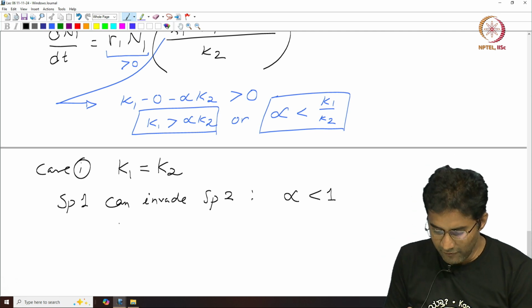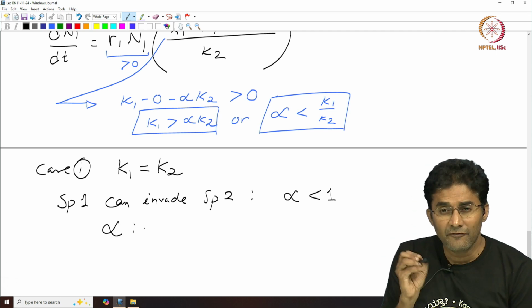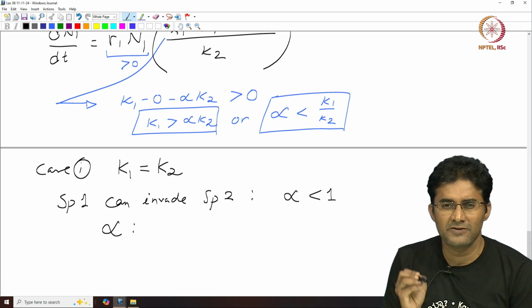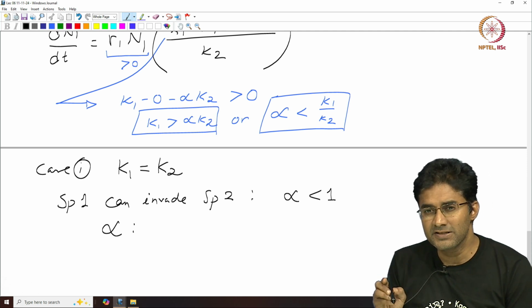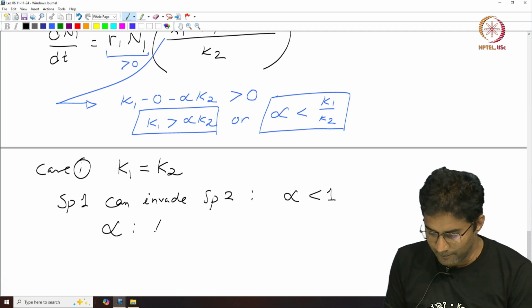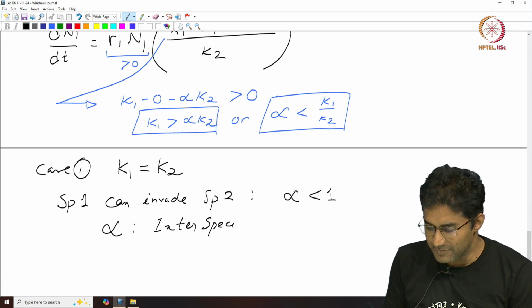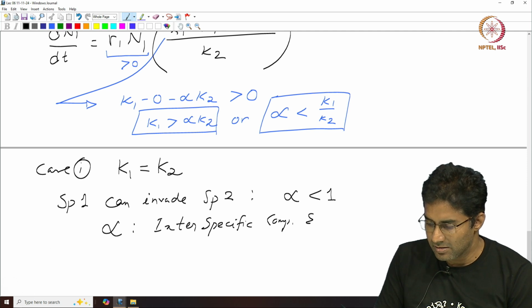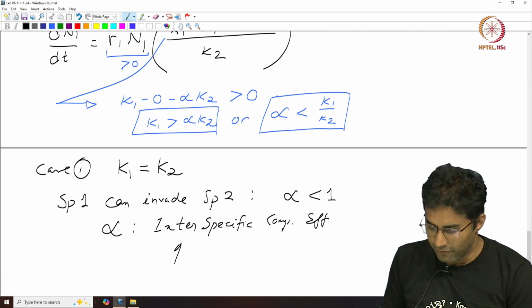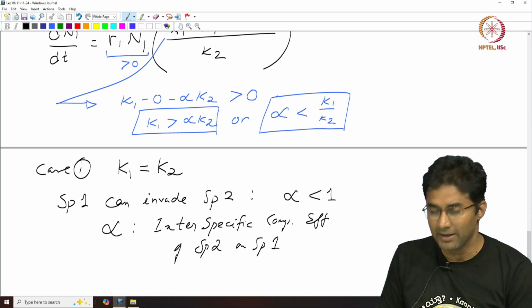Remember what is alpha? Alpha is basically the effect of interspecific competition of species 2 on species 1, right.